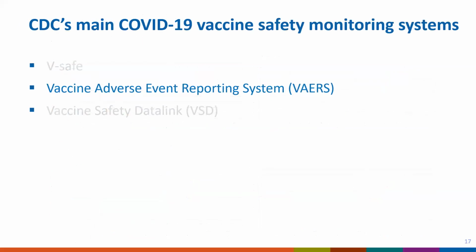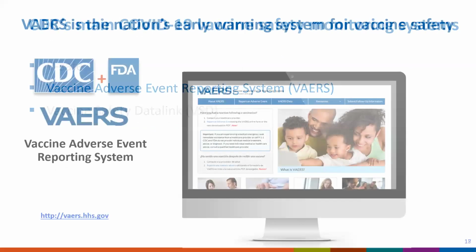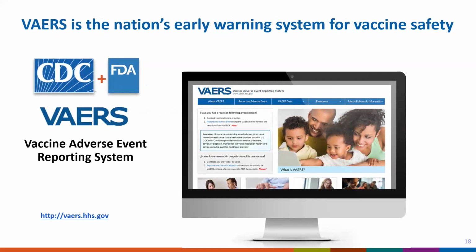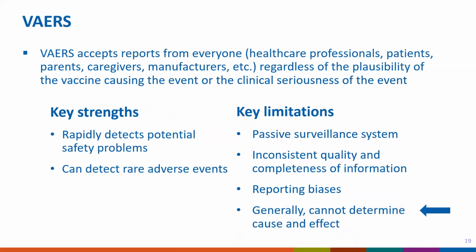The other system is called the Vaccine Adverse Event Reporting System, or VAERS. VAERS was established in 1990, and it's currently co-managed by the FDA and CDC. It's a passive surveillance system that accepts reports of possible adverse events following vaccination.